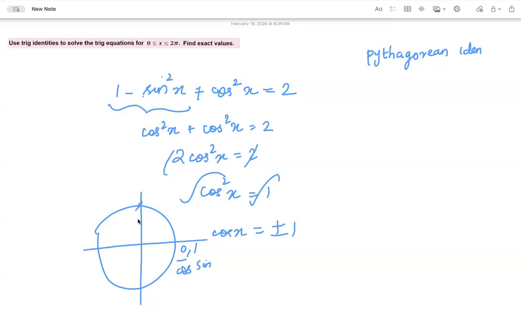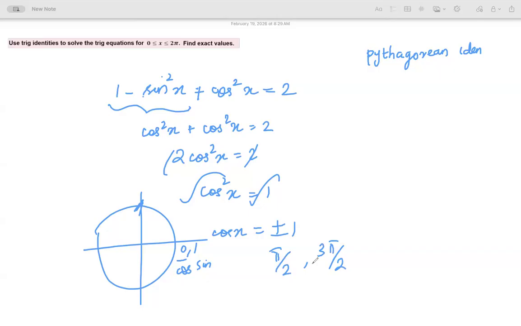Yeah, that's true. Pi over 2 and 3 pi over 2. There is a mistake there. Okay, let's see.